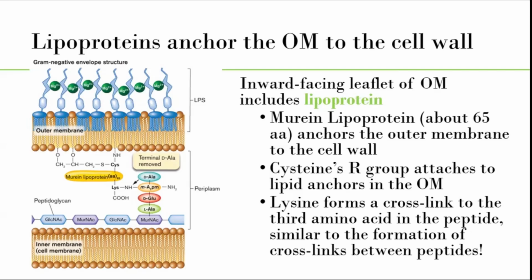What this does is it anchors the cell wall to the outer membrane. So that's the whole point here. This lysine forms basically the same type of cross-link to that 3rd amino acid. And then the cysteine forms the bond to the lipids, and now they're connected together. That outer membrane is connected to the wall, and they're not going anywhere.